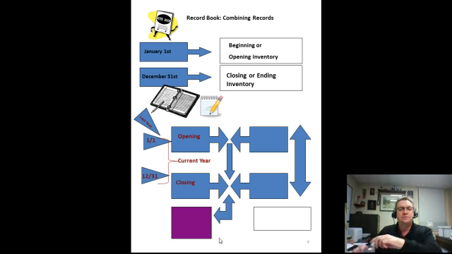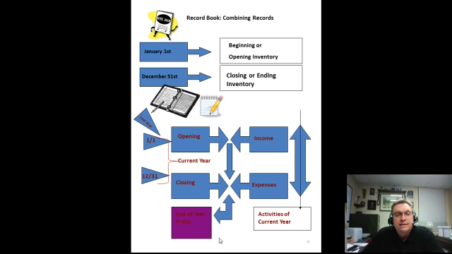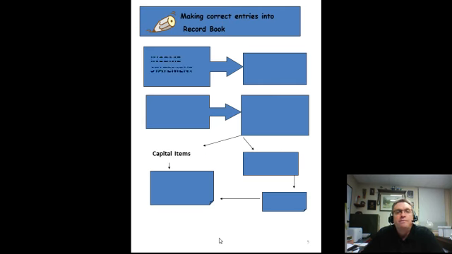The current year is the year that you're in. So now we bring income records and expense records into play with your inventory. All the activities that happen during the current year are marked in those areas, income and expenses. Then, of course, your inventory will change during the course of the year, either taking away or adding to it. And then at the end of the year, you show a profit.